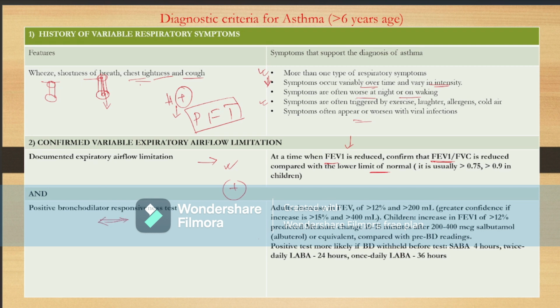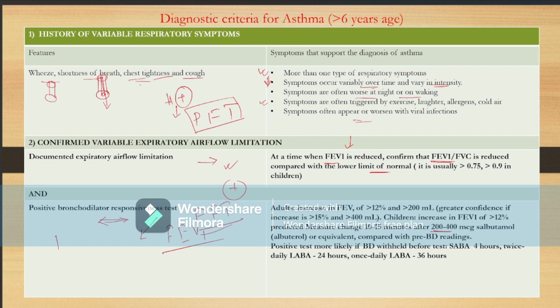How is this procedure done? We have to do a basic pulmonary function test, and we measure the FEV1 and the FEV1 to FVC level. Then we give a short acting beta agonist, SABA, at a dose of 200 to 400 microgram, and we wait for 10 to 15 minutes.